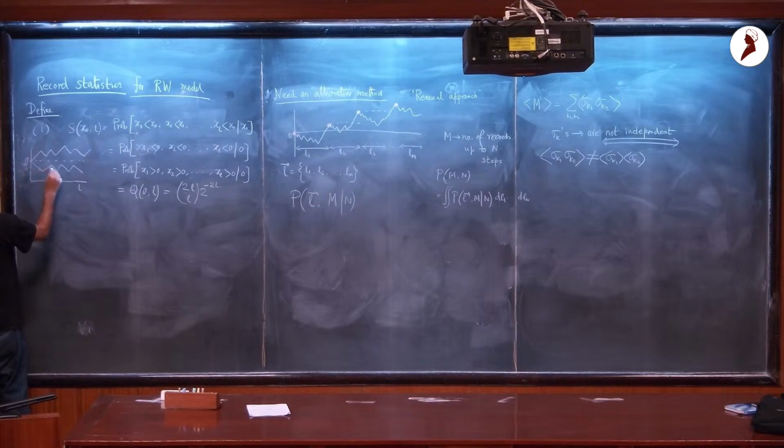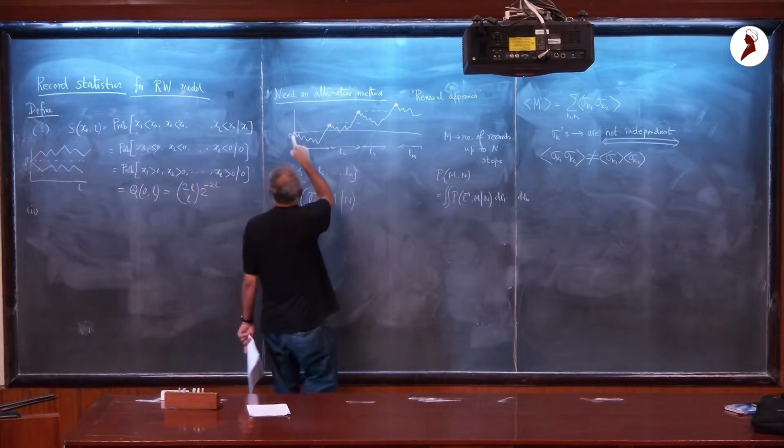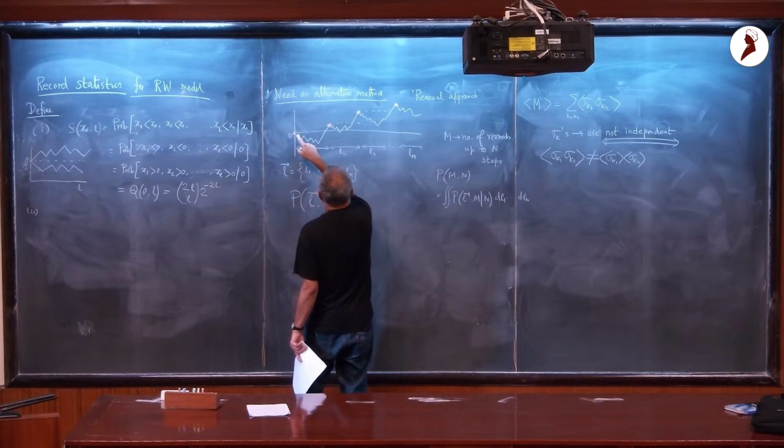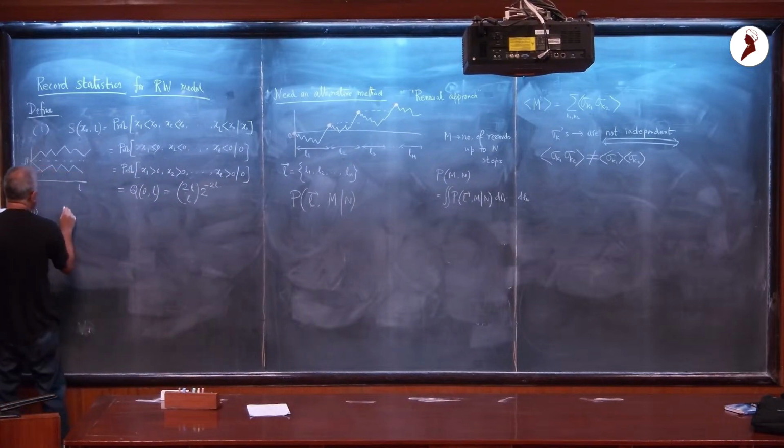What is the probability that up to step L I stay below my initial point? And I'm asking this question because this is exactly what you see: you stay below this and then you go over this, okay? So this is the second object. I'll define it also. As you see, this object does not depend on the initial position x naught, just because of the shift.